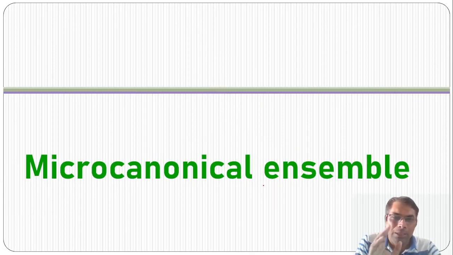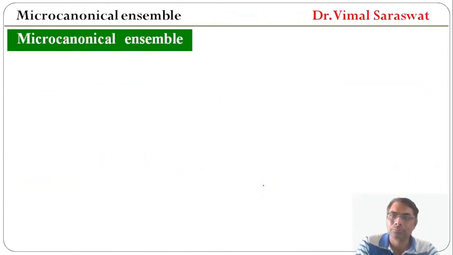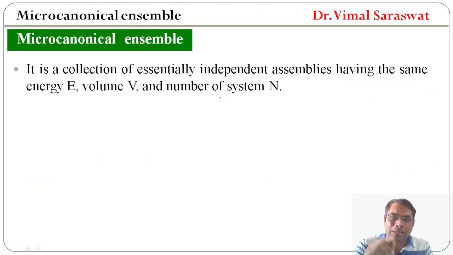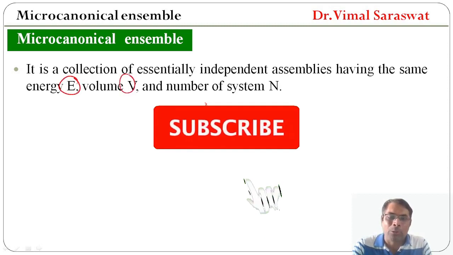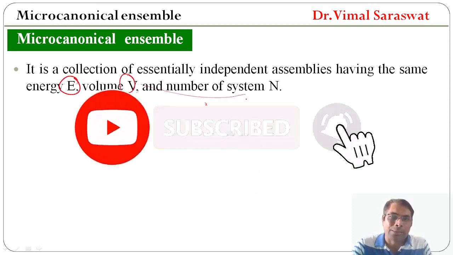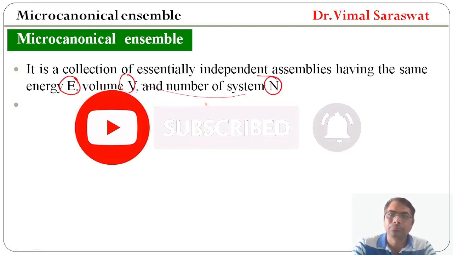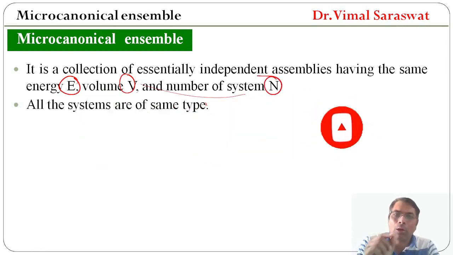So first of all, the microcanonical ensemble. It is a collection of essentially independent assemblies having the same energy, the same volume, and also the same number of systems N. All the systems are of the same type.